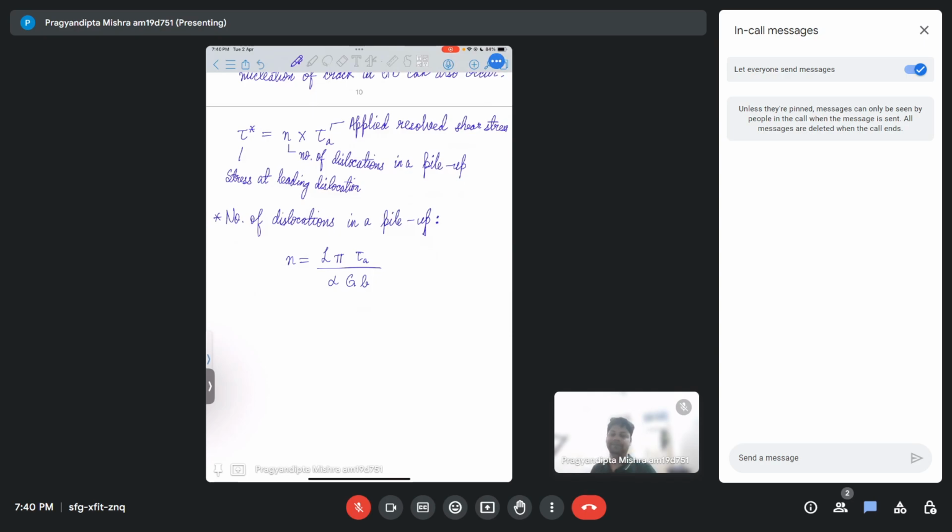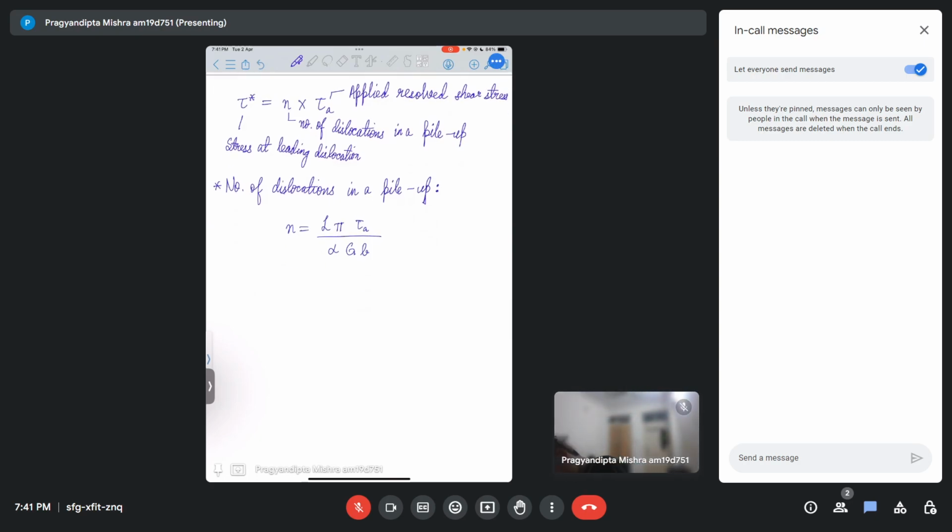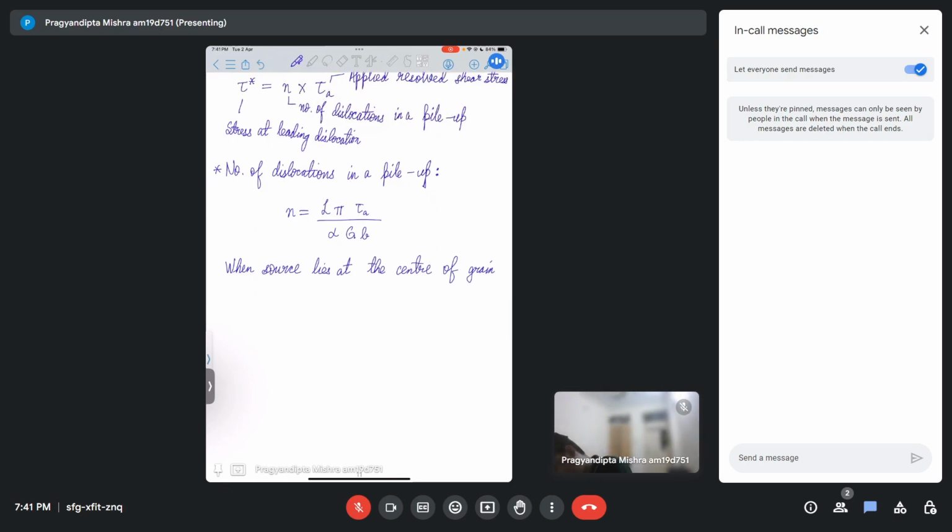What is the length of the pileup? When the source lies at the center of the grain, I can write L to be equal to d by 2, where d is the diameter of the grain.